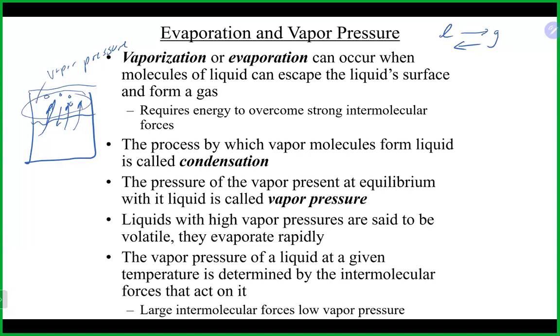Now, when we talk about the vapor pressure of a liquid, again, the stronger the intermolecular forces, the lower the vapor pressure. That's what it says on the bottom here: the stronger the intermolecular force, the lower the vapor pressure will be.